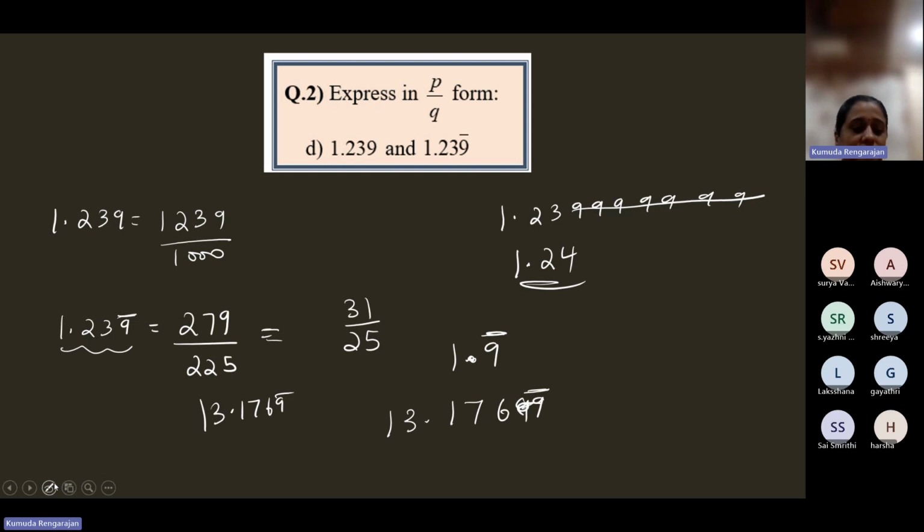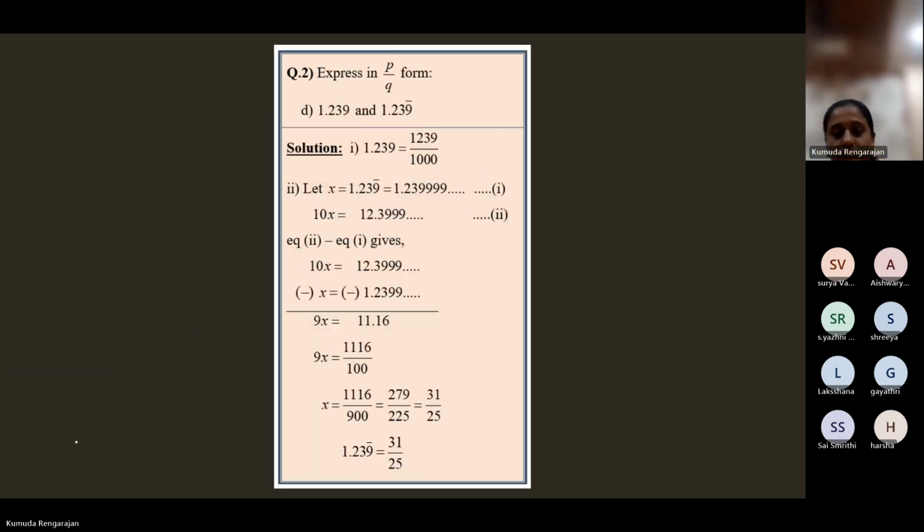Okay, I hope the others finished. Yeah, please check. So since only one digit repeats, 10x. Please check your steps. 9 recurring, 9 going on forever.